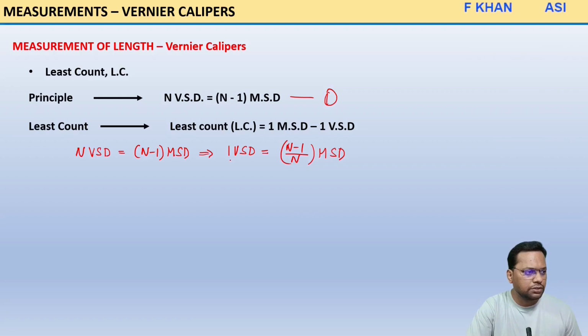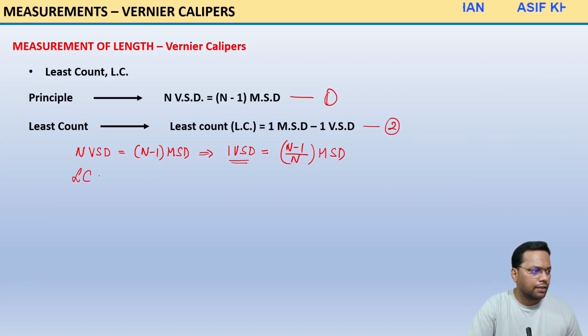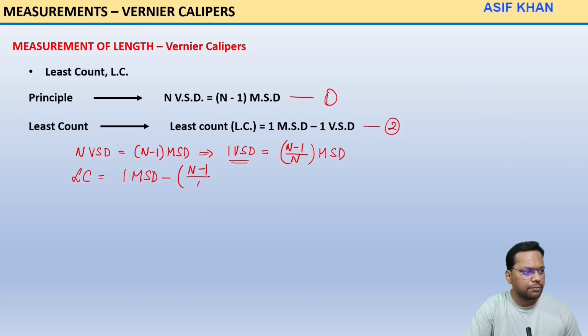Now you substitute this expression of 1 VSD in the second expression, that is least count is equal to 1 MSD minus 1 VSD, that is n minus 1 divided by n into MSD. Now you take the MSD common. So what will you get? 1 minus n minus 1 divided by n into MSD.